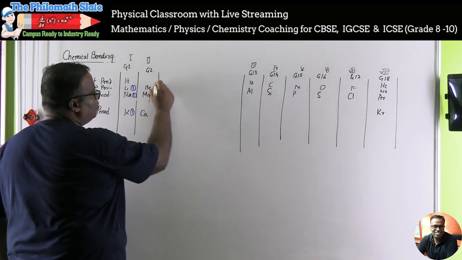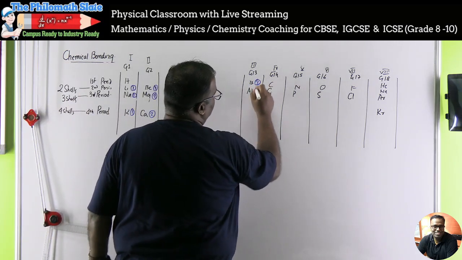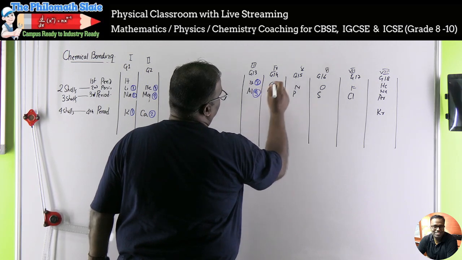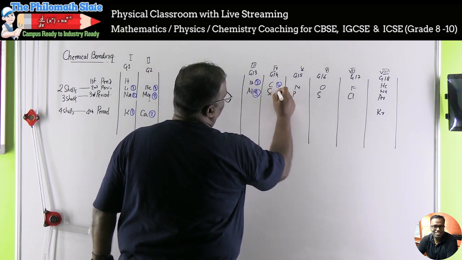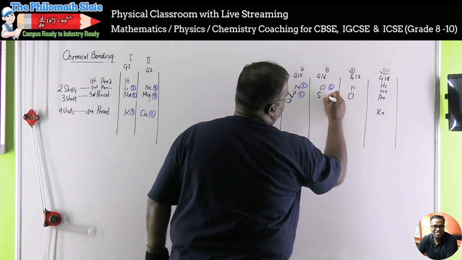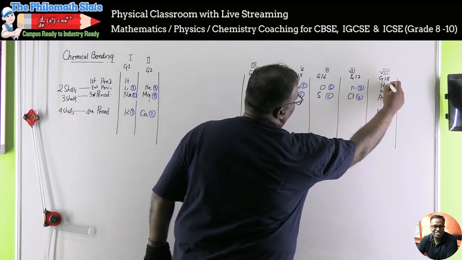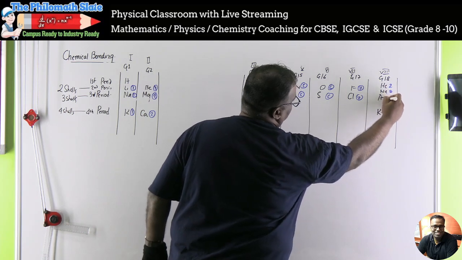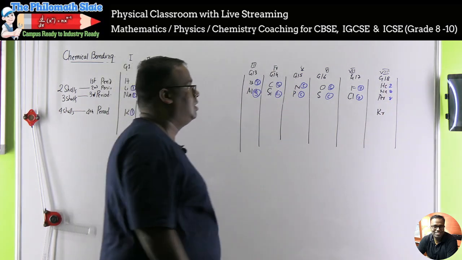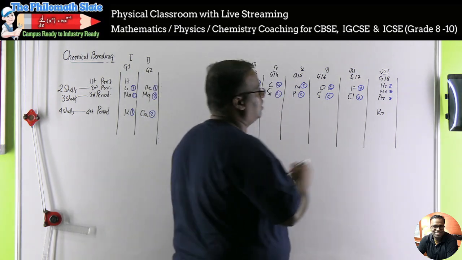Beryllium has got 2, magnesium 2, calcium 2, boron has got 3, aluminium has got 3, carbon has got 4, 4, 5, 5, 6, 6, 7, 7, and this one has got 2, 8 and 8.